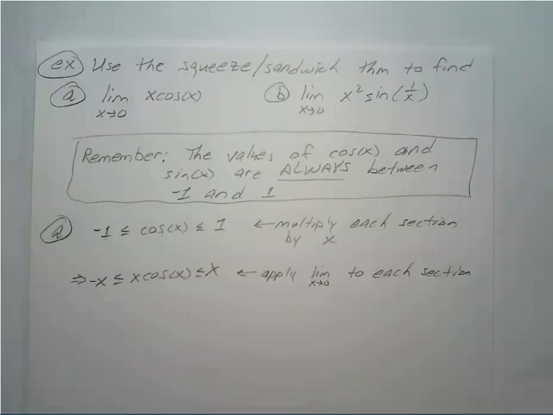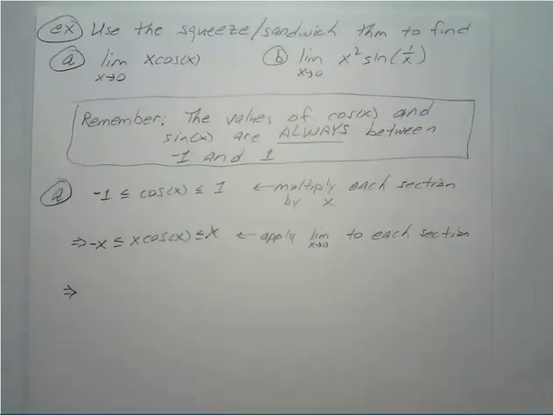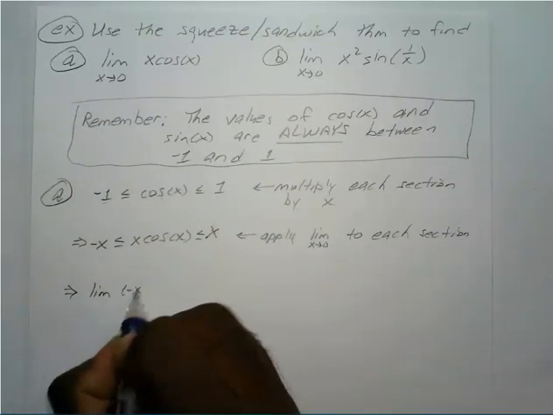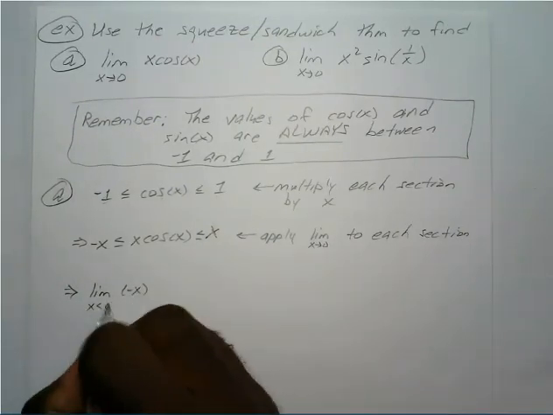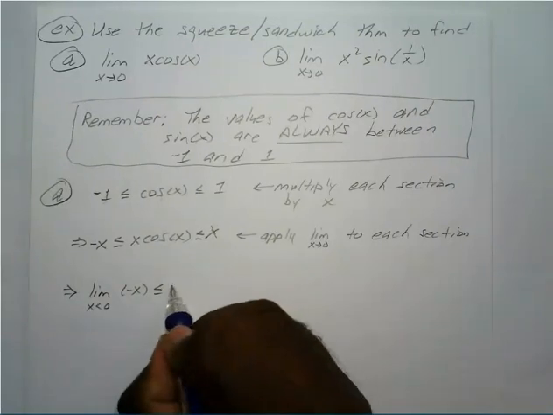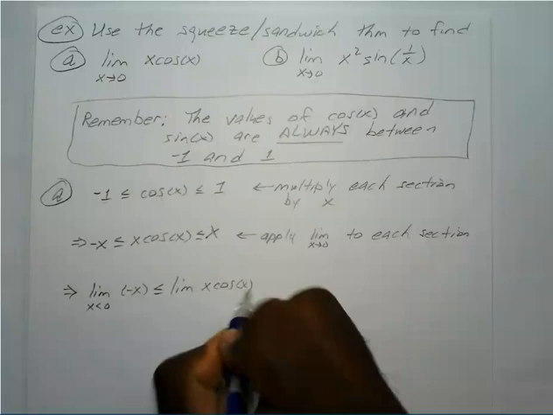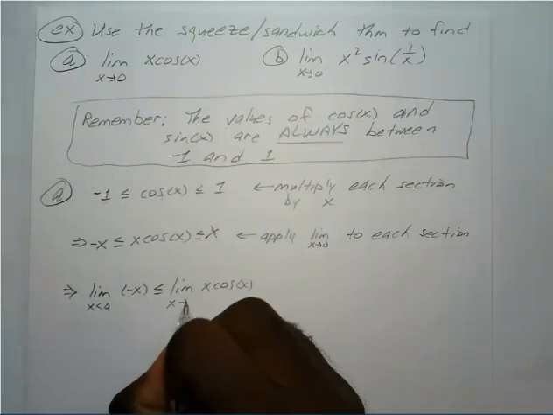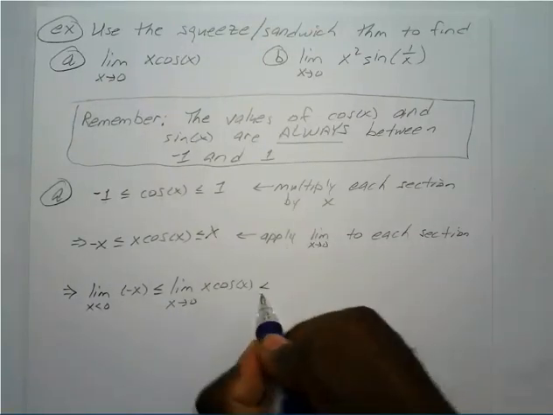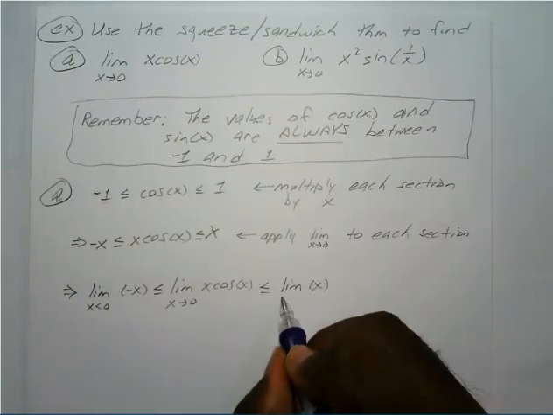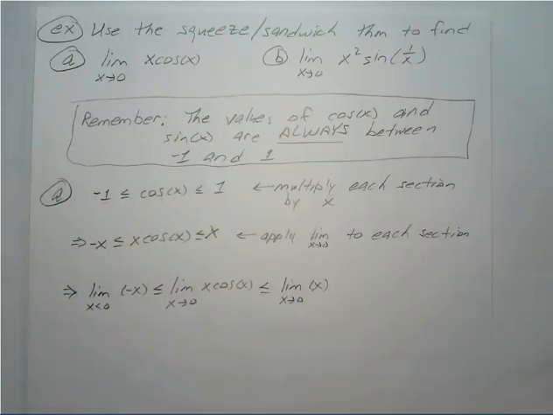So that means we have the limit of negative x as x approaches 0 is less than or equal to the limit of x cosine of x as x approaches 0 is less than or equal to the limit of x as x approaches 0.